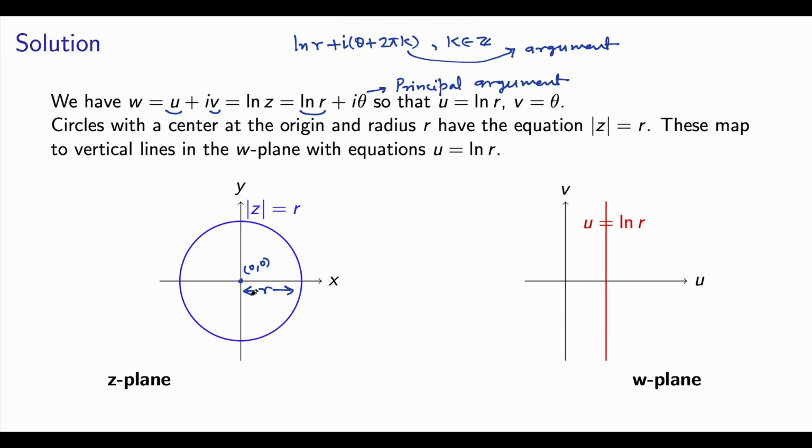As long as r is increasing, we are going to get concentric circles, and each circle maps to a line. So multiple circles map to multiple lines parallel to the v axis in the W plane. So this is the transformation f of z equal to ln of z, which is a multi-valued function.